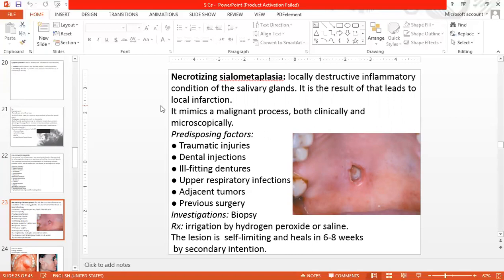We have many predisposing factors like traumatic injuries, dental injections, ill-fitting dentures, upper respiratory tract infection, and previous surgery in the area. Mostly, this is a self-limiting condition. It may be treated by irrigation with hydrogen peroxide or normal saline, and it will heal in 6 to 8 weeks by secondary intention.